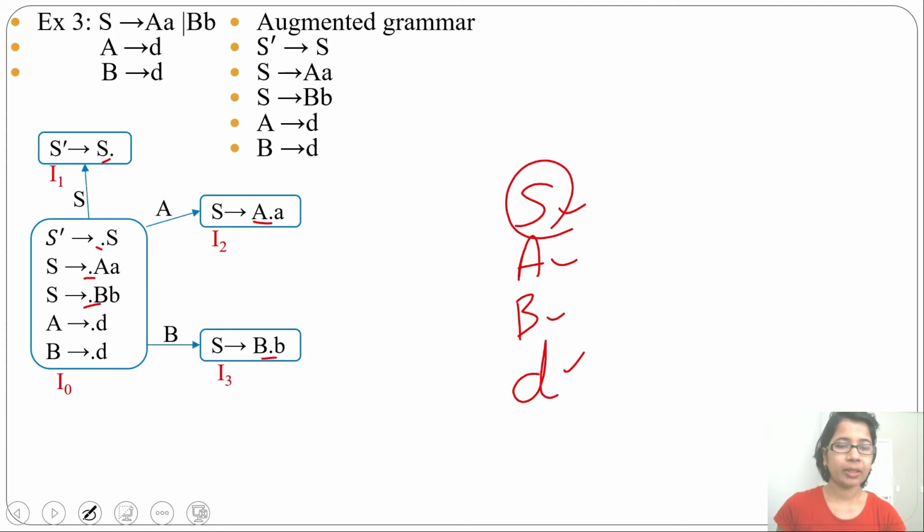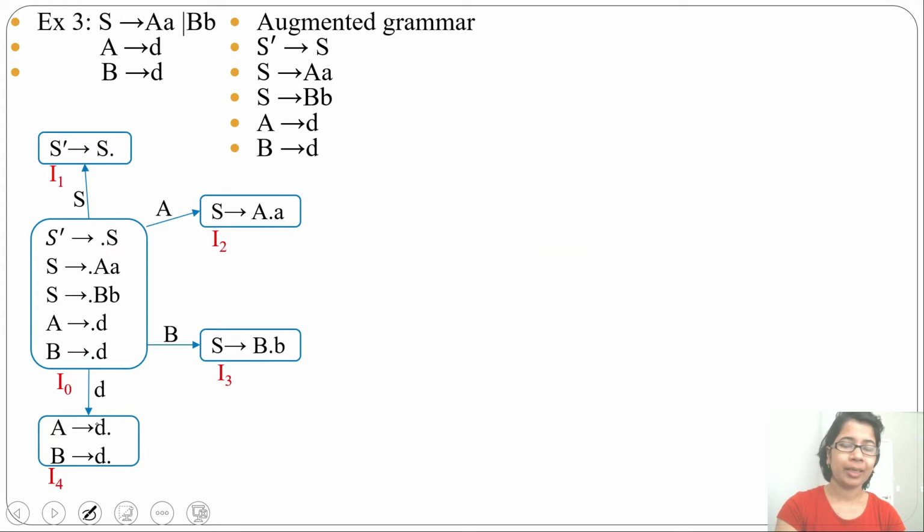Next we will do the D transition. From I0 by D, it will go to another state where the productions will be A derives D dot, B derives D dot. And we will assign the state name I4. If you are just checking whether the grammar is LR0 or not, you can stop here, as this is a reduce conflict. In one state there are two reductions, so this is a reduce conflict.